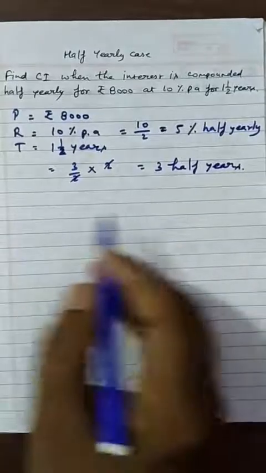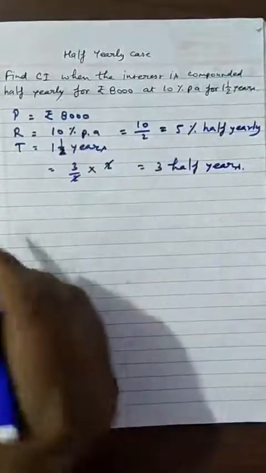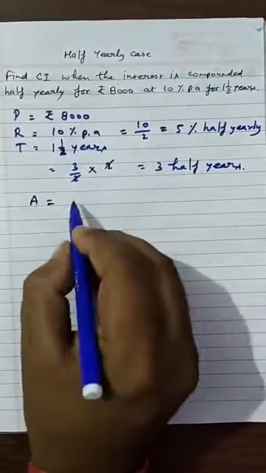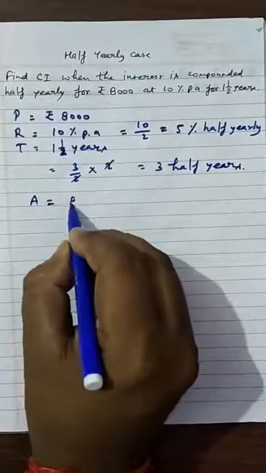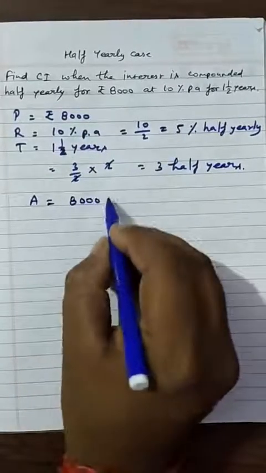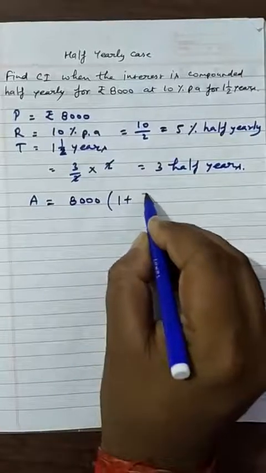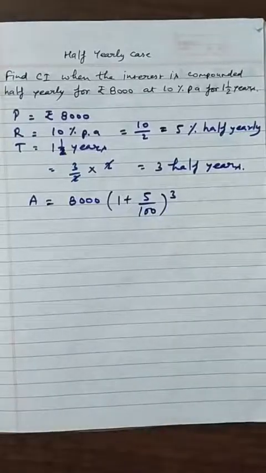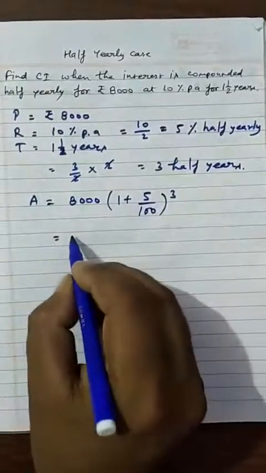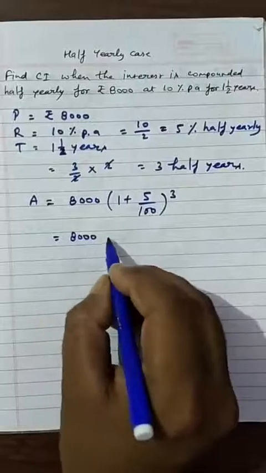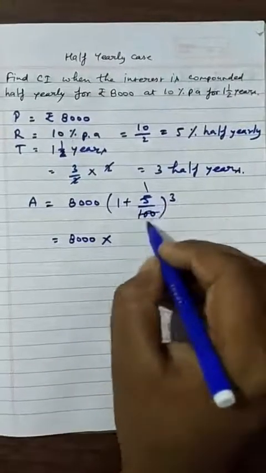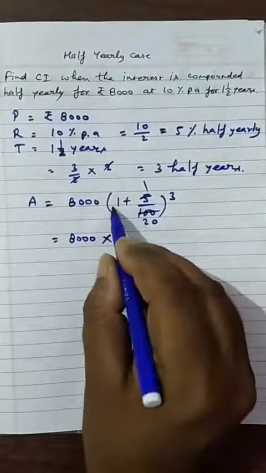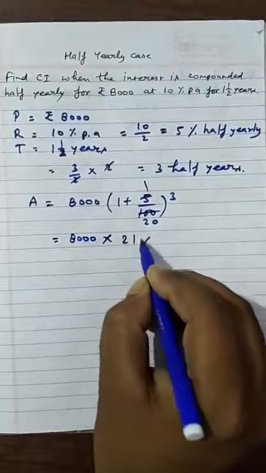Now these values will be used in amount first. The formula is same. Principal into 1 plus rate upon 100 powered by time. So this is 8,000 into 1 plus 5 upon 100, which is 21 upon 20, 21 upon 20, 3 times.